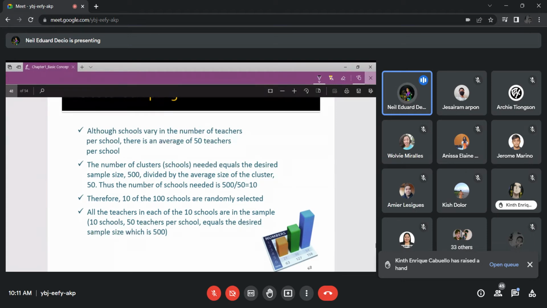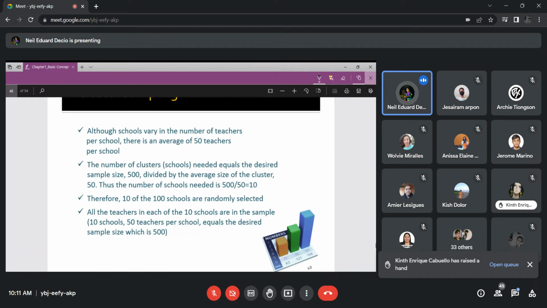Now again, instead of the individuals being selected, it is the groups. Okay? So schools are now the sample. But then all the teachers who are members of those schools would be included. All of them, must be. So that is cluster sampling.